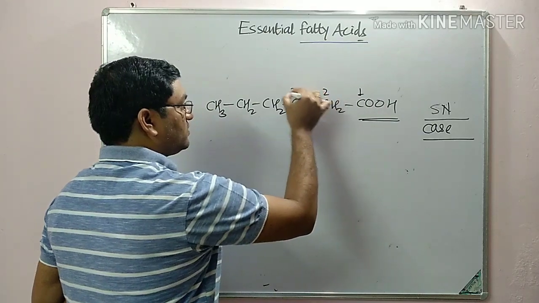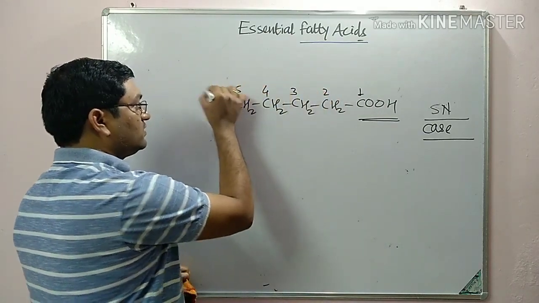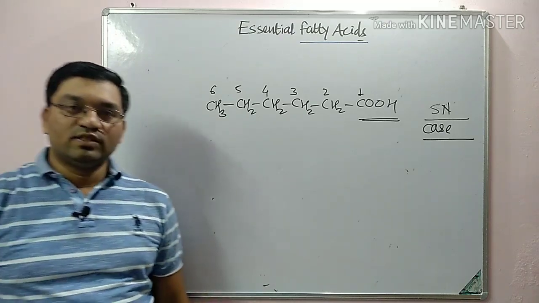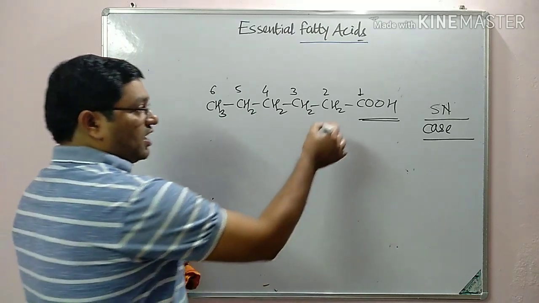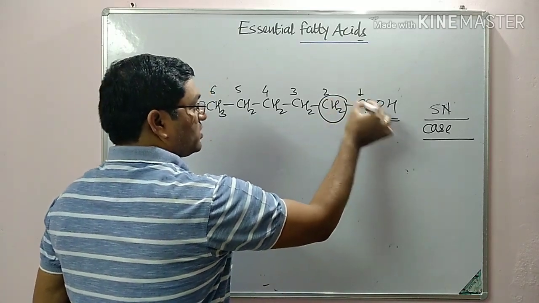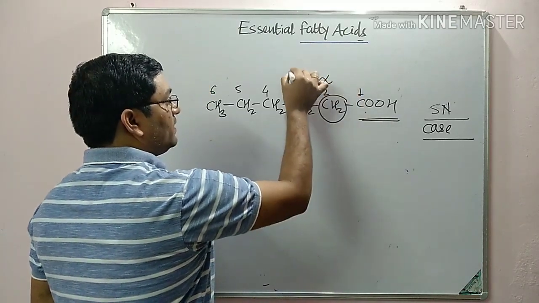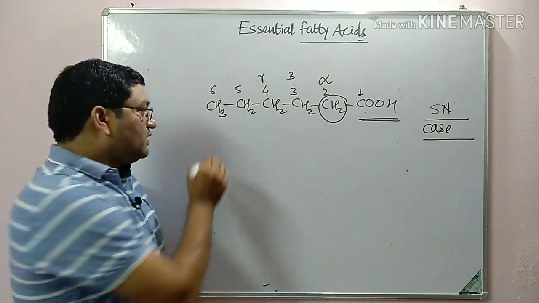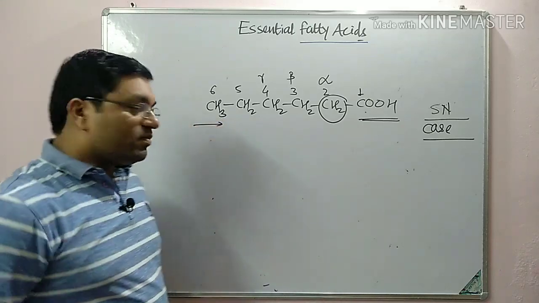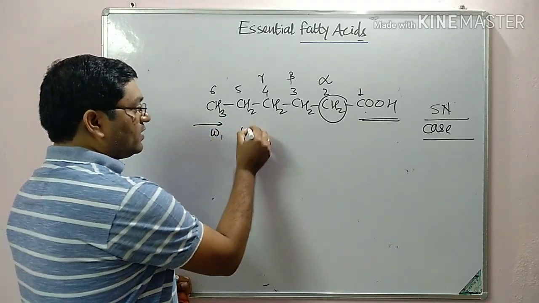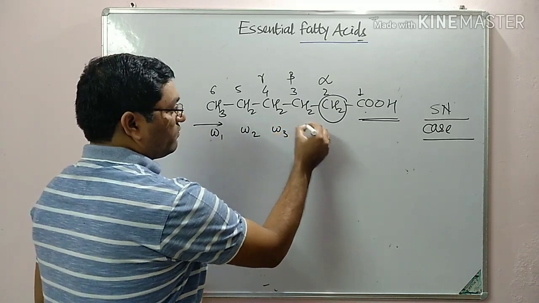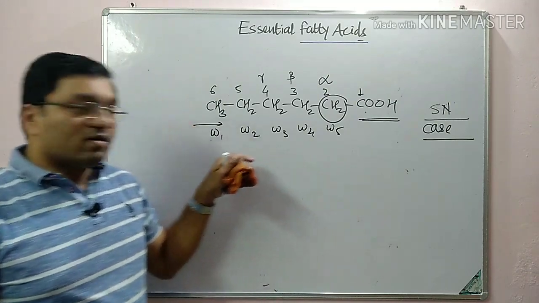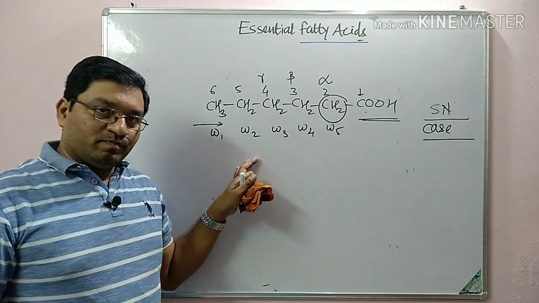This is second, this is third, this is fourth, this is fifth, and this is sixth, and so on, depending upon the length of the hydrocarbon chain. The carbons adjacent to the carboxyl group are recognized as alpha, beta, gamma, and so on. If we start from the methyl end, it is numbered as omega 1, omega 2, omega 3, omega 4, omega 5. So this is how carbons are numbered in the fatty acid.